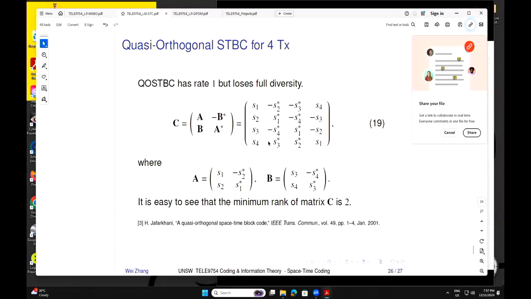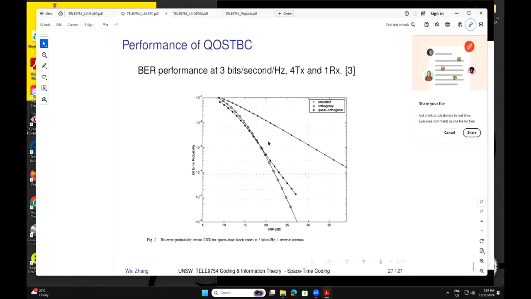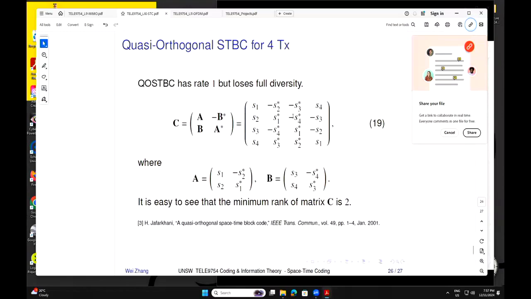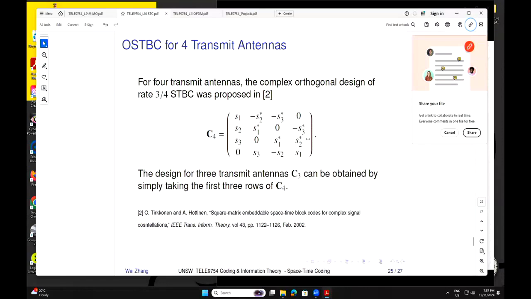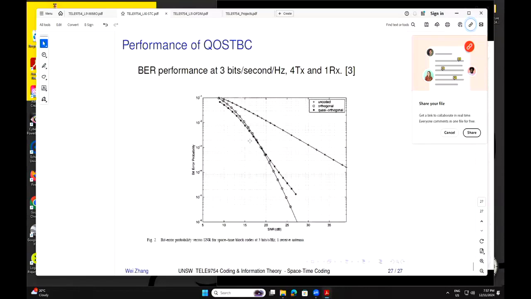You can increase the rate for sure, but you lose the benefit of the diversity order. The star curve is the quasi-orthogonal one. That means this equation, you see it slopes like this, because its diversity order is 3. And this equation is the orthogonal one, the circle curve. So that's the difference.